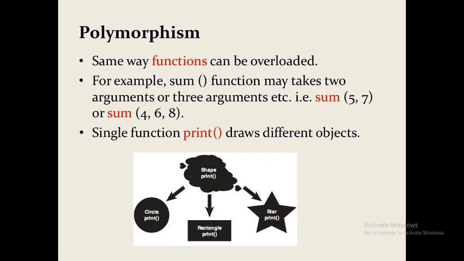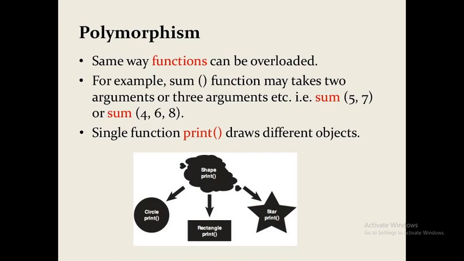We do not need to remember different function names for the same sort of operation, and that is where function overloading helps the programmer or the user. If the same function is performing more than one operation, that function is called an overloaded function, and this phenomenon is called function overloading.